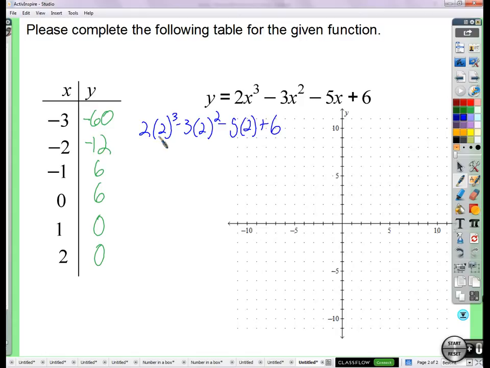But 2 different people approach this problem. One of them does it this way: 2 times 2 times 2 is 8, and they do 2 times 8. Another person multiplies 2 by 2, gets 4 to the third. 4 to the third is 64. 2 times 8 is 16. So one person gets 64, the other person gets 16. They can't both be right.